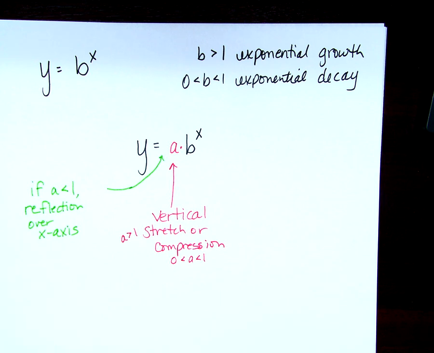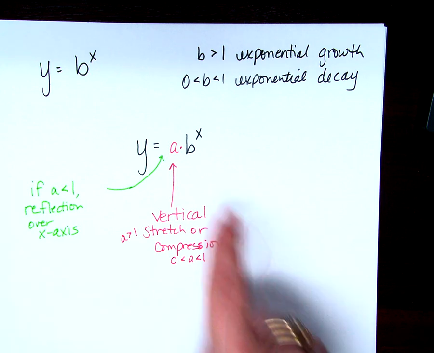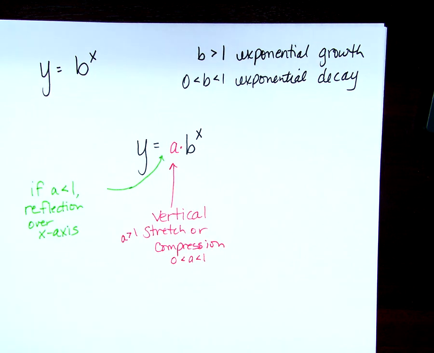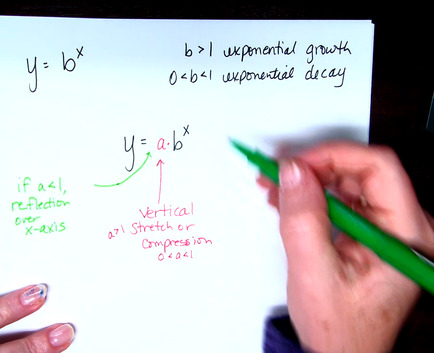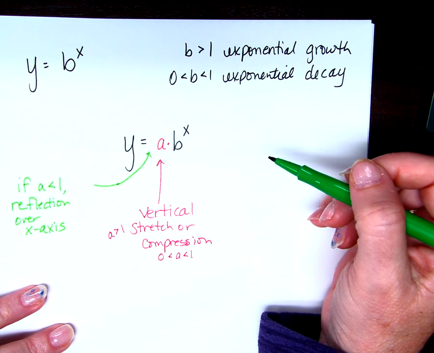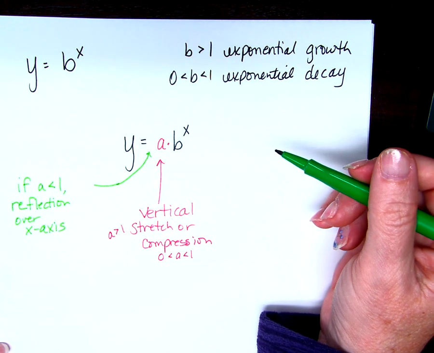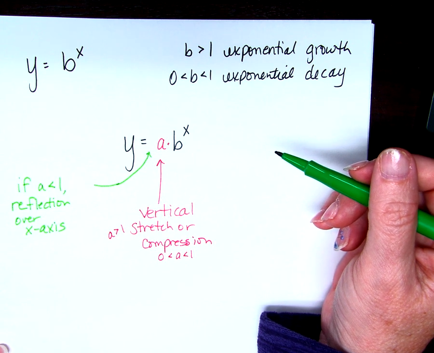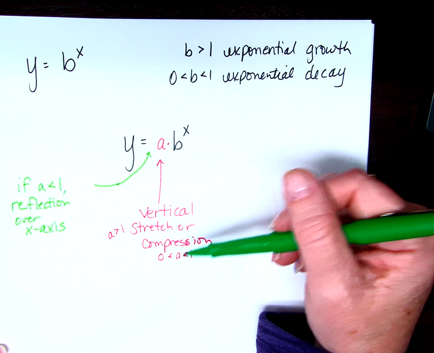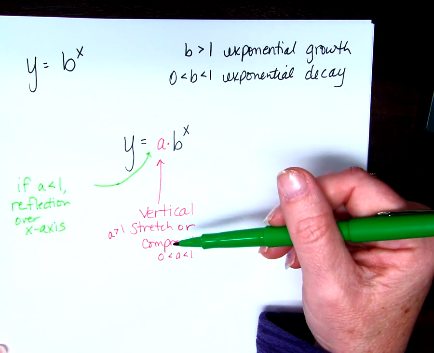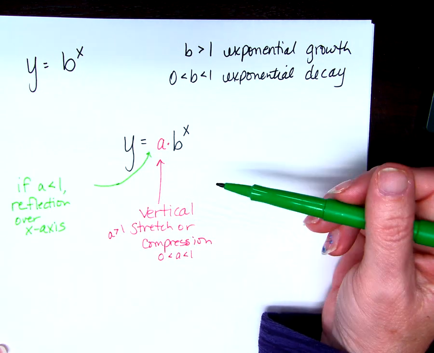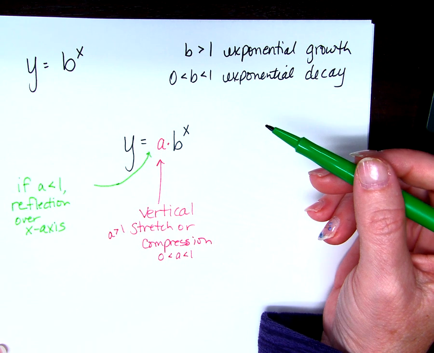Okay, well, what else could there be? What else are we used to having in a transformation lesson? What other letters are we used to having here? What other kind of changes do we normally have besides a stretch or compression? Oh, we have shifts, right? Those are usually our favorite.